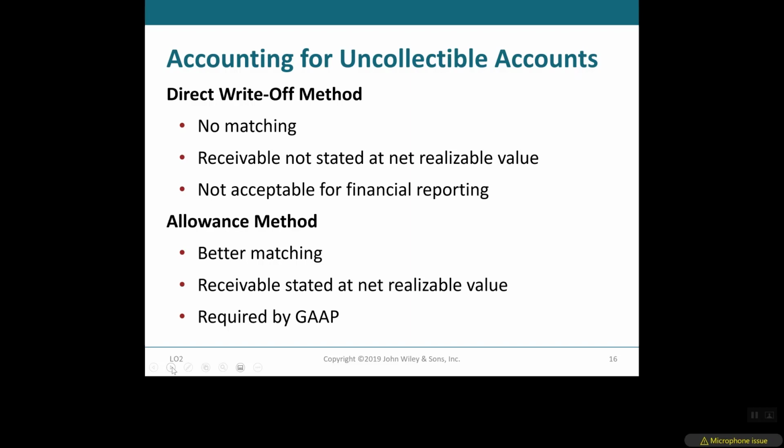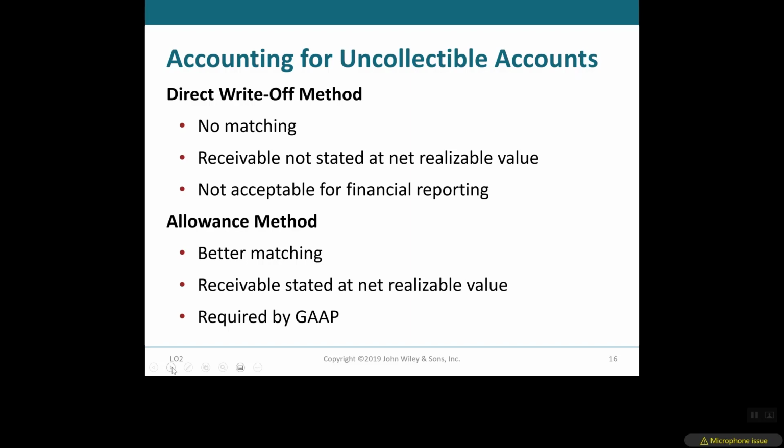For the direct method, there's no matching, so you're not matching your revenue with your expenses in the period in which it occurred. Your receivable is not stated at realizable value, and it's not an acceptable principle when it comes to GAAP. On the other hand, the allowance method is better in matching because you're providing allowances based on your receivables.